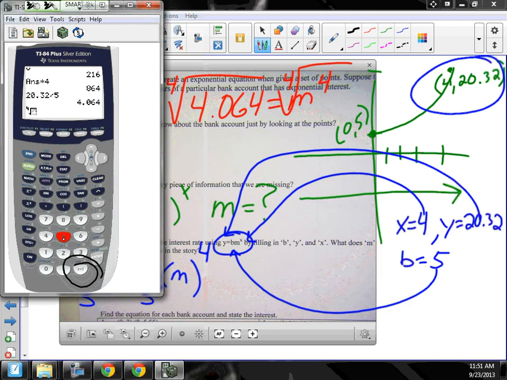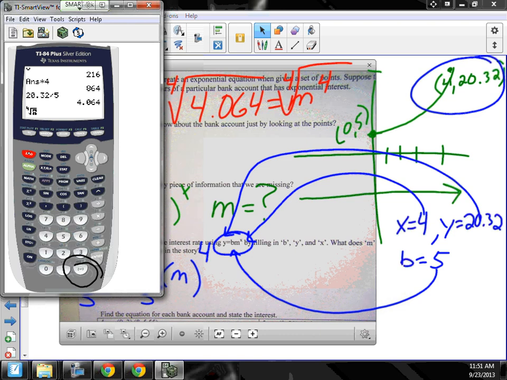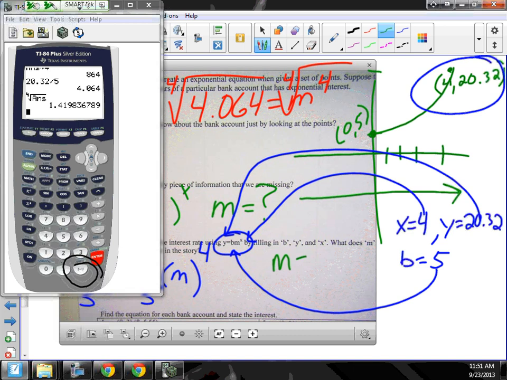So I could type in 4.064, but I'd rather just use what the calculator did. So I'll push second, and then the negative key for answer, and that will give me a value of 1.42, we'll call it. So m equals 1.42.